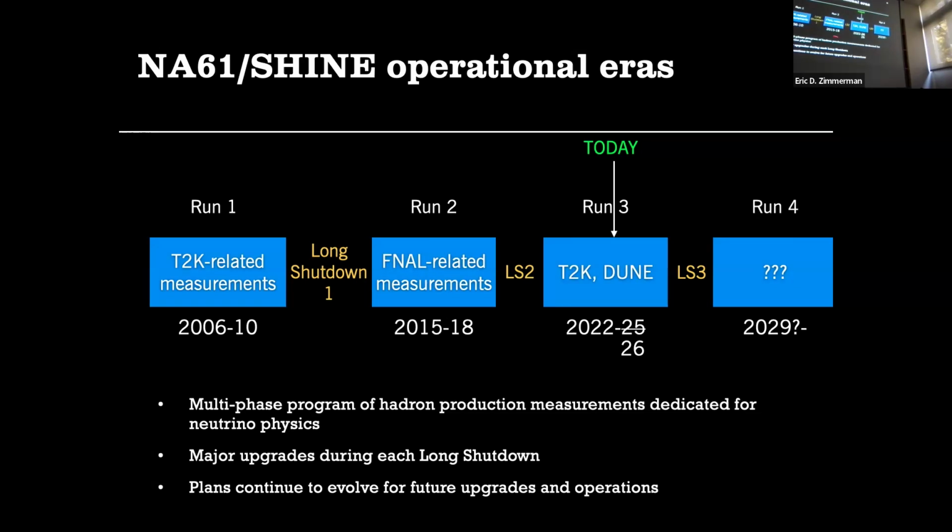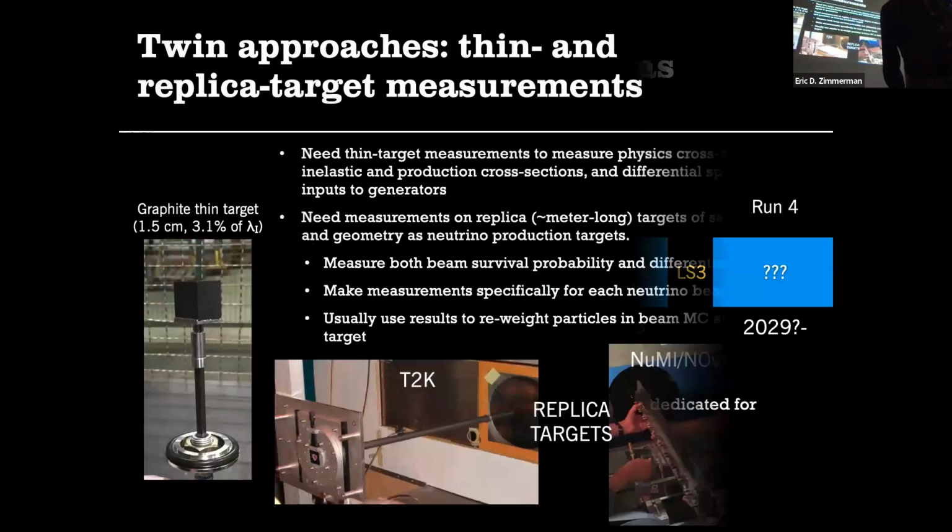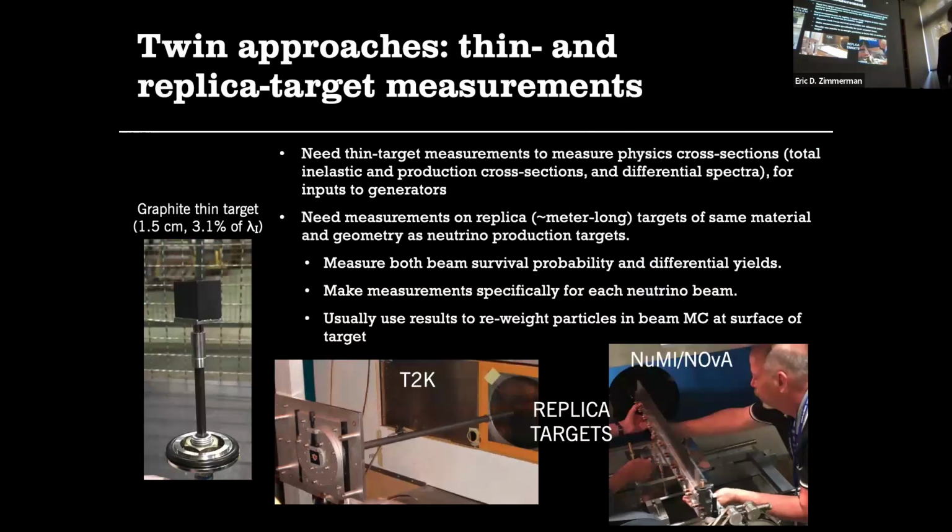So there's been a multi-phase program ever since NA61 started on hadron production measurements for neutrino physics. There have been major upgrades during each of these long shutdowns, and the plans are continuing to evolve for future upgrades and operations. We do two approaches in NA61 for neutrino physics.